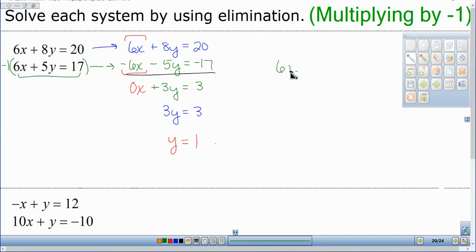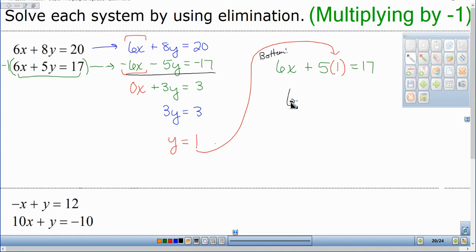So it's 6x plus 5, but instead of y, I'm going to use a 1, then equals 17. So I take this value and I substitute it right there into the bottom equation. This is the bottom equation, in case you were wondering.